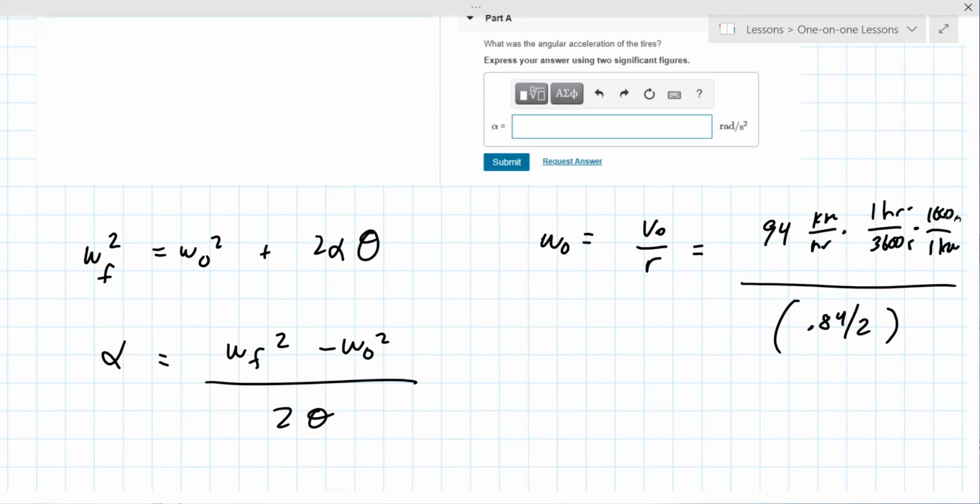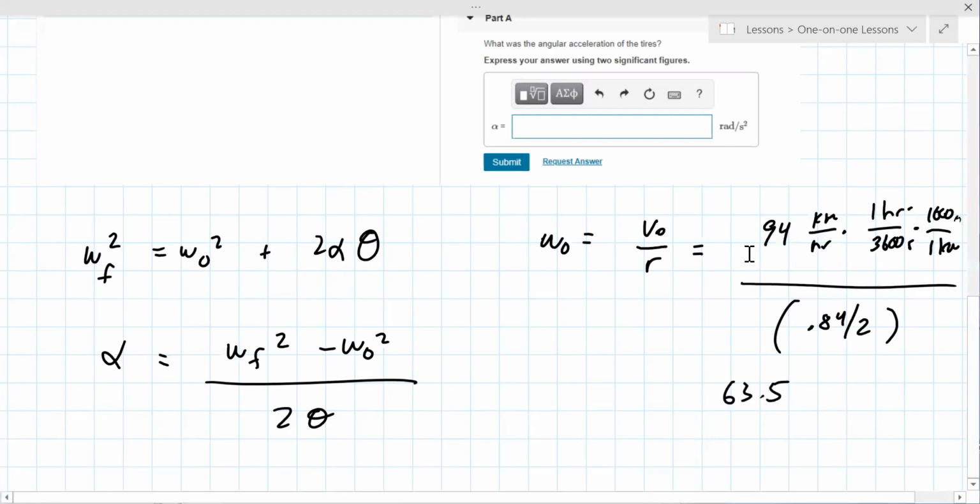And then divide that by 0.84 divided by 2, and I get 62.16. What do you get? You said 62.16. Yeah, 94 times 1,000 divided by 3,600 and then divided by 0.42. Yeah, 63.5 is what I got.